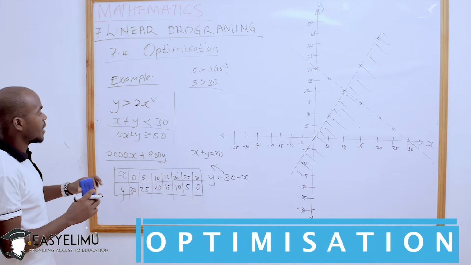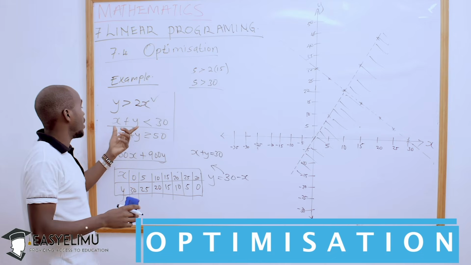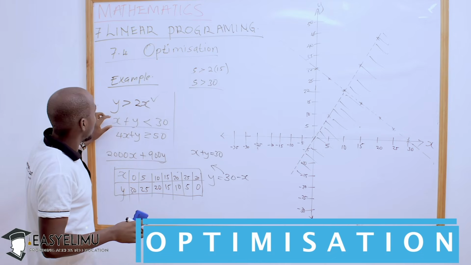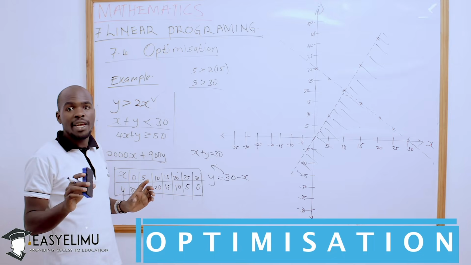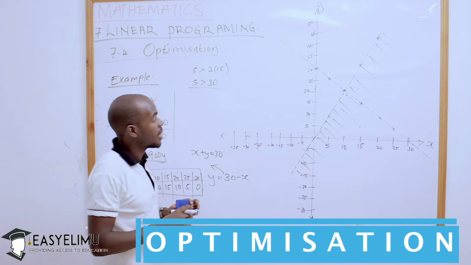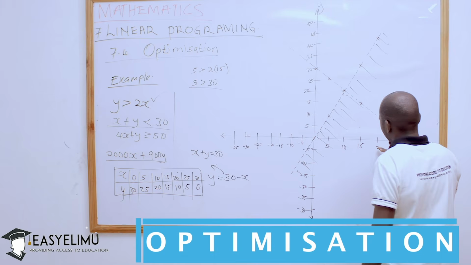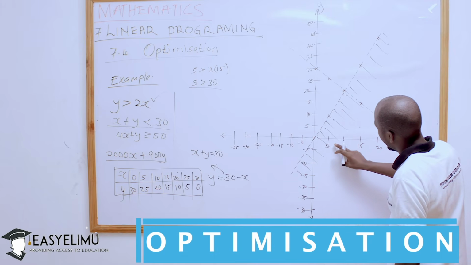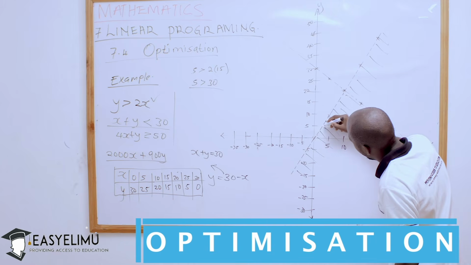I need to identify this linear inequality here. To identify it, I will select one point on one side of the line. Let's take 5, 5, a point here.